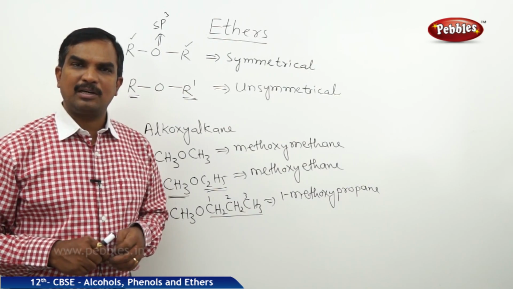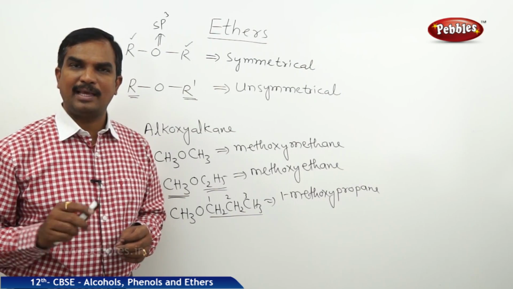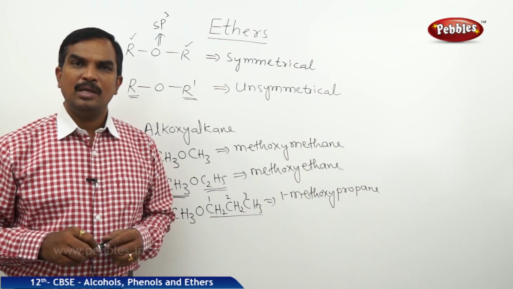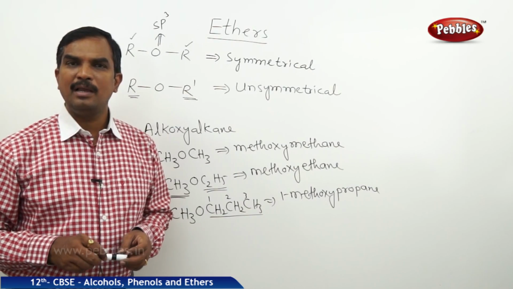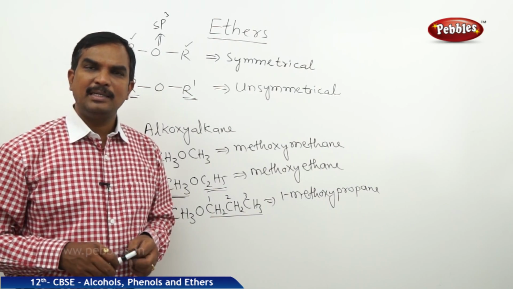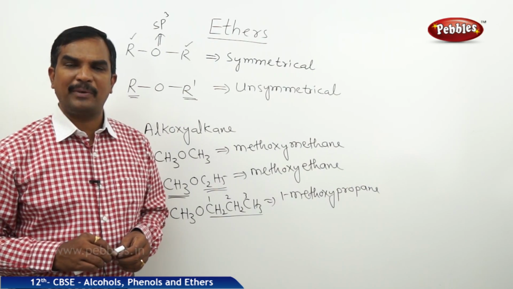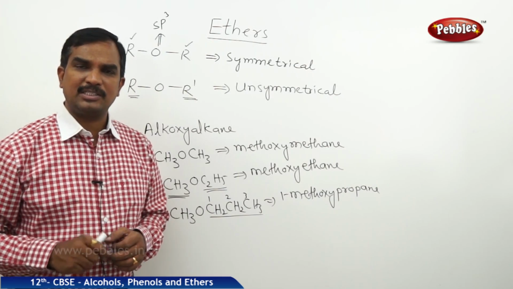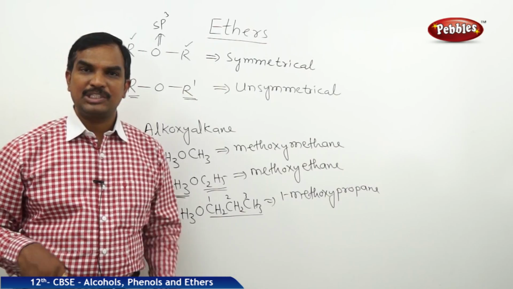That's why ethers are also angular in structure like a water molecule, because the central oxygen atom is sp3 hybridized. Along with that, it has 2 bond pairs on the oxygen and also 2 lone pairs. So overall, the structure of ether around the oxygen atom is angular or V shape.